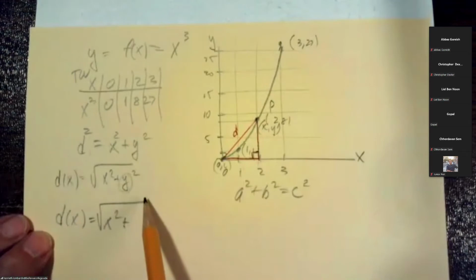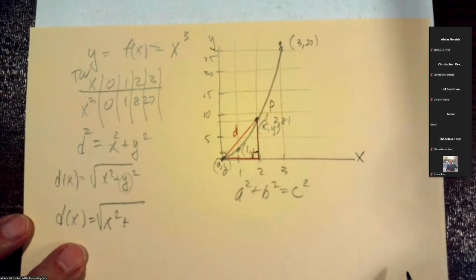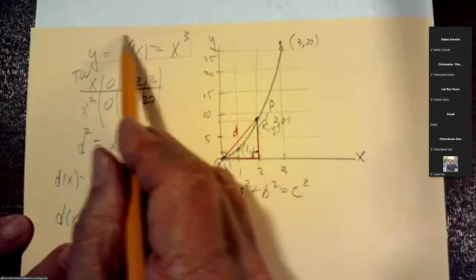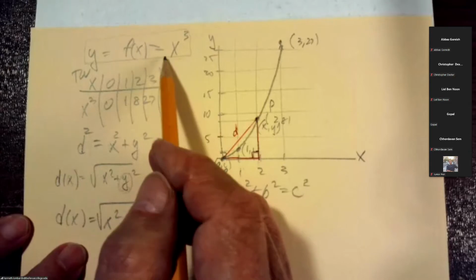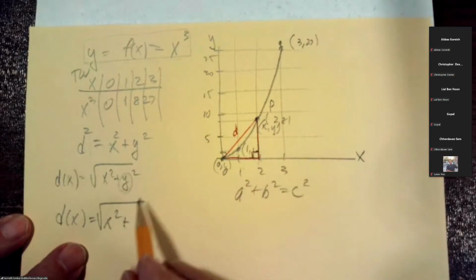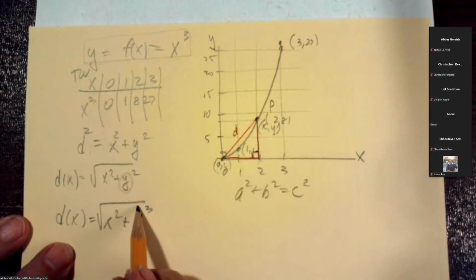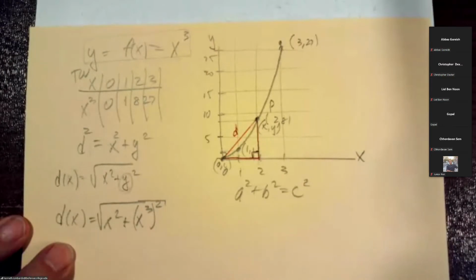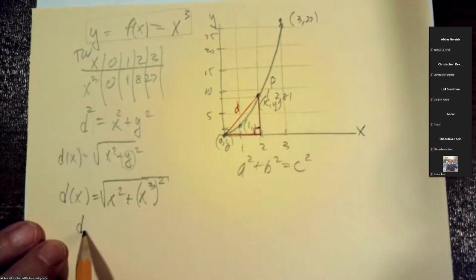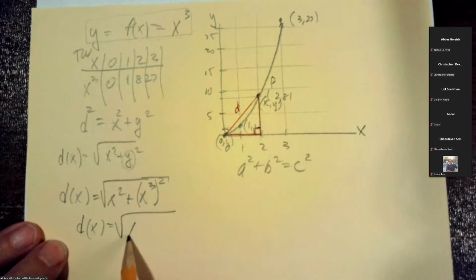Isn't the y value the x values raised to the third power? Up here. Yeah. Okay. So we say x to the third power, raised to the second power because we're doing a y squared. So we want to square this term here. So d as a function of x equals the root of x squared.